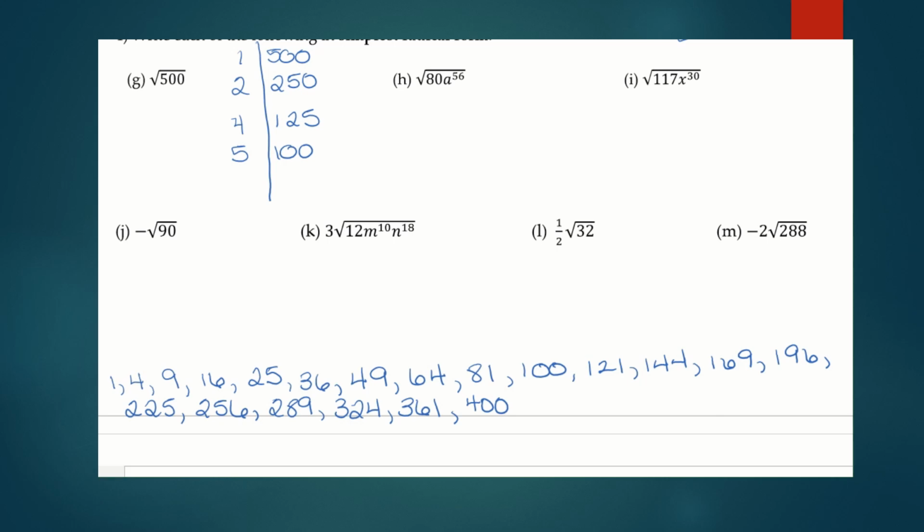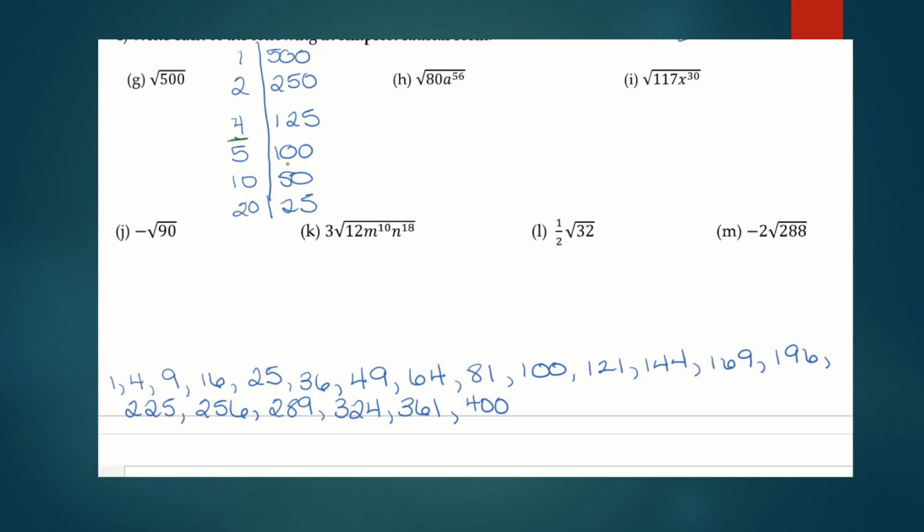We want factors that are not decimals. Let's see, 10 and 50, and I think the last one is 20 and 25.